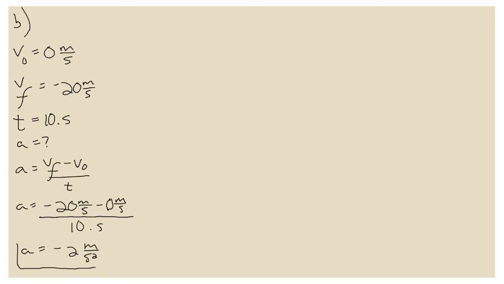Now, it's important to realize while this seems like it contradicts the note I just put up before we looked at this problem, it doesn't. Because when we use the free body diagram equation, we are going to just use 2 meters per second squared.